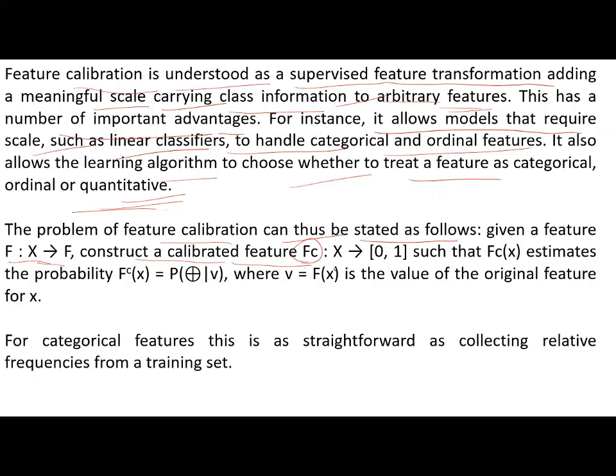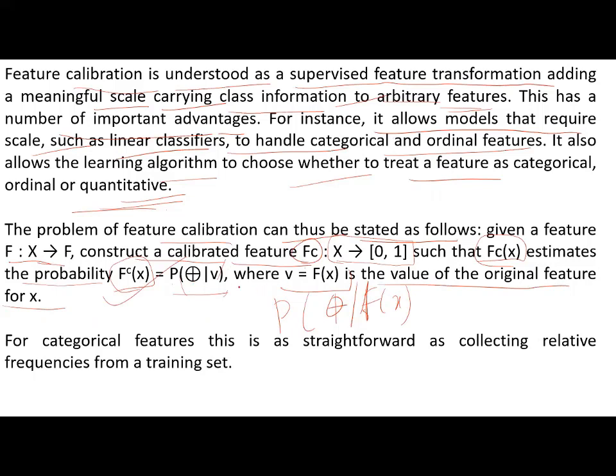The calibrated feature FC maps x to [0, 1], such that FC of x estimates the probability of positive given V, where V is F of x, the value of the original feature of x.